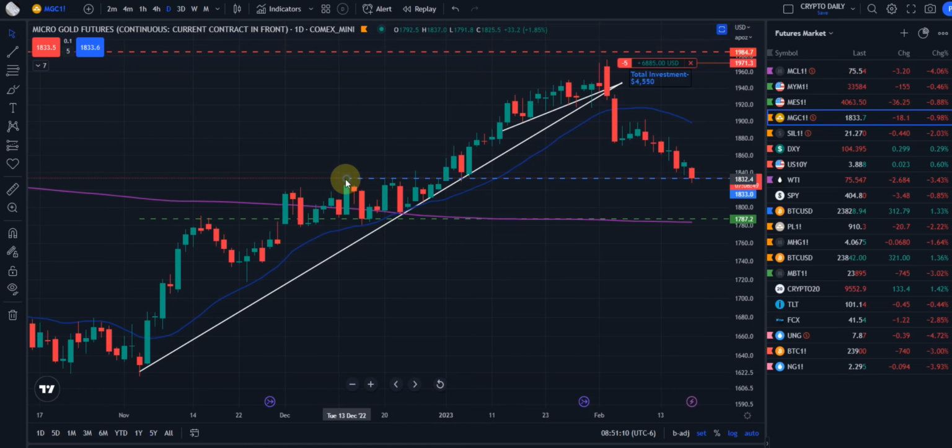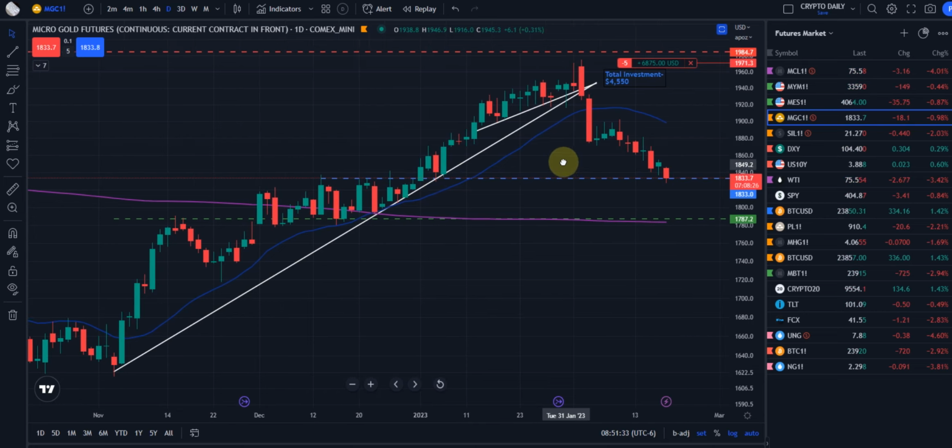All that was previous resistance. Couldn't get through, couldn't get through, couldn't get through. Finally did. And then according to classical technical analysis, once you break a resistance line or support, but in this case resistance, it came back and retested that zone, that price zone, to see if it now held as support, which it did, and here we are.